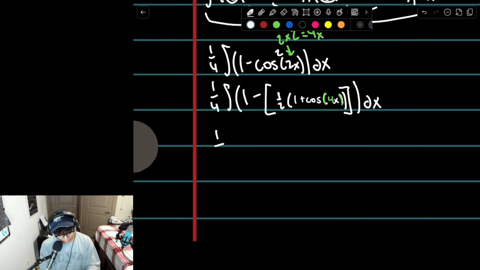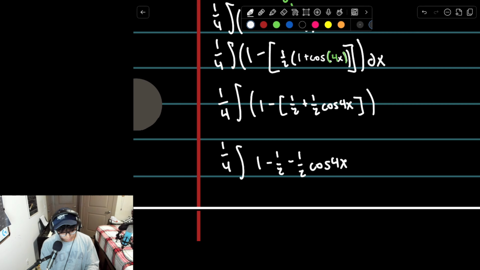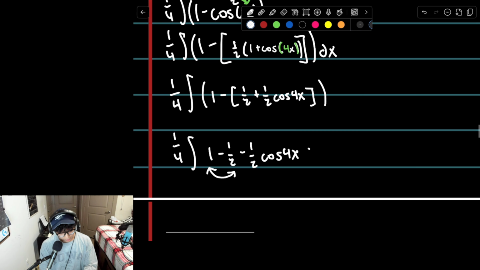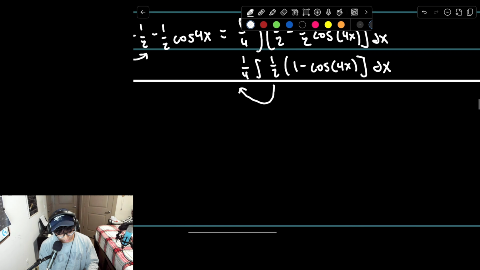We are then finally going to simplify this integral to 1 minus 1/2 plus 1/2 cosine 4x using distributive property, which finally gets us 1/4 times the integral of 1 minus 1/2 minus 1/2 cosine 4x, which combining these like terms would then again simplify to 1/4 times the integral of 1/2 minus 1/2 cosine 4x, which you can simplify even further by just taking out a 1/2, which I'll just show fully here, which because this 1/2 is a constant, I'll just keep going down here.